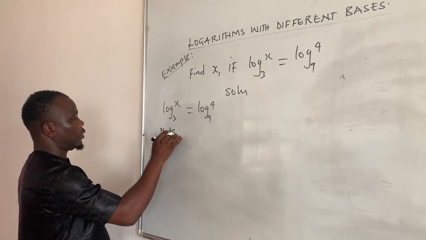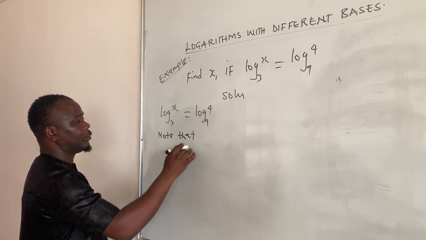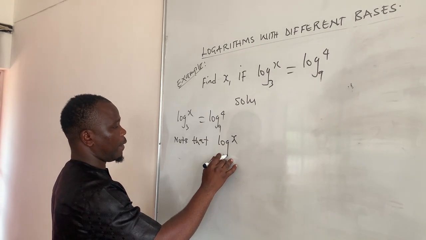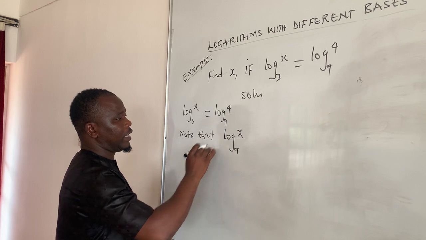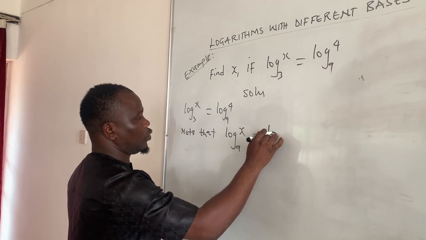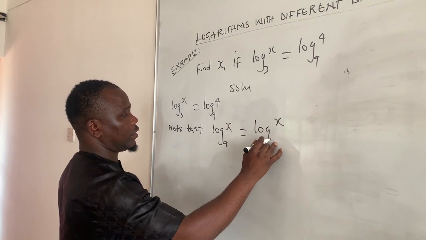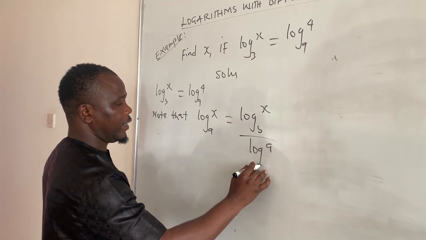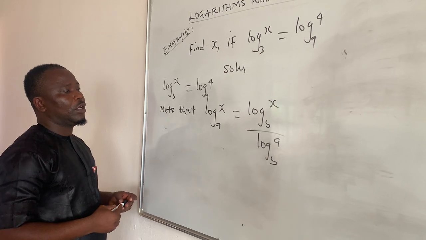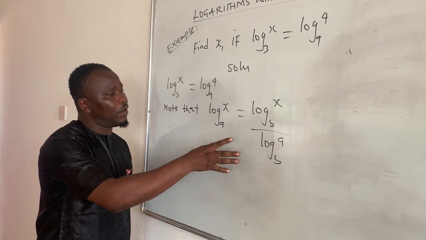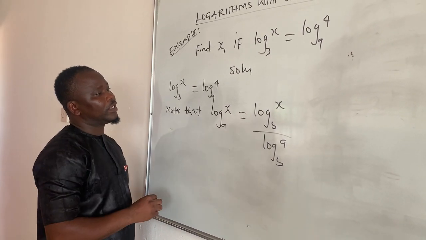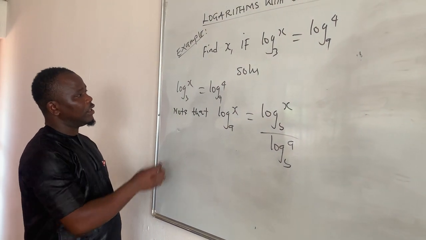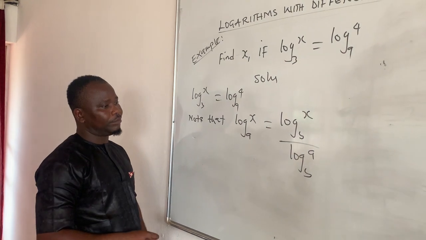Note that log x base a is equal to log x base b all over log a base b. We are going to use this formula to convert the base.